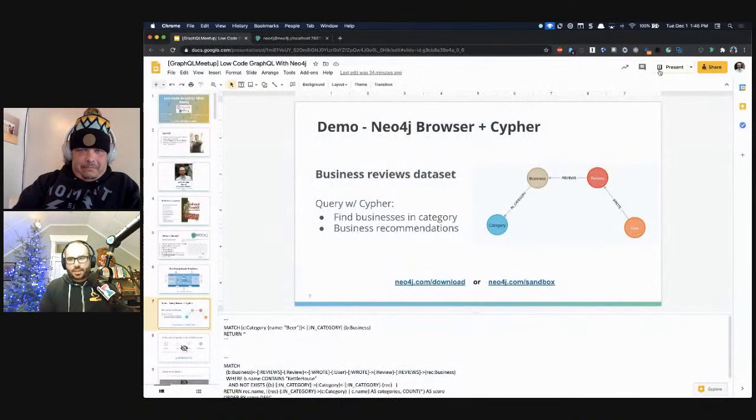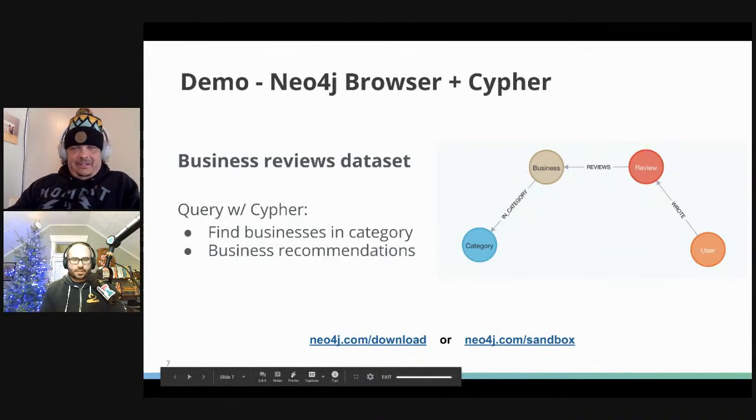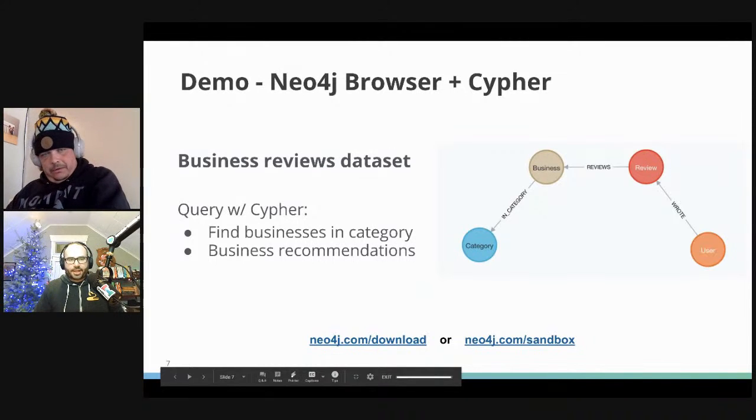Cool. So that's just a brief look at Neo4j and how we can interact with the database using Cypher and the browser and this Workbench tool. But most of the time, if we're building an application, we don't want to directly interact with the database tooling like this web browser.